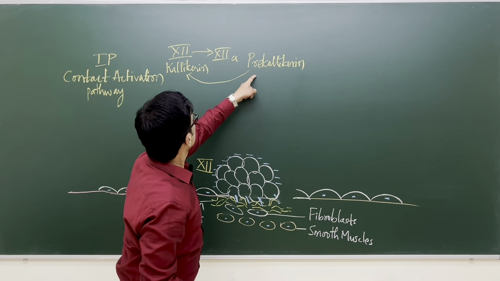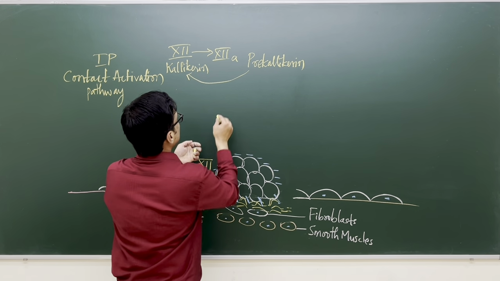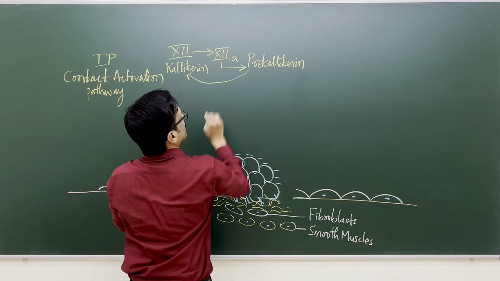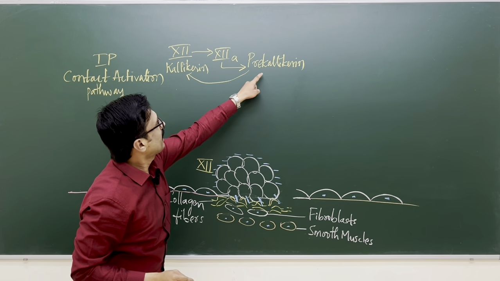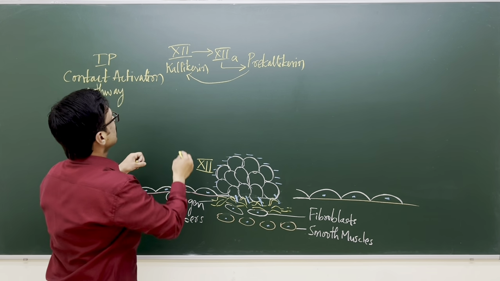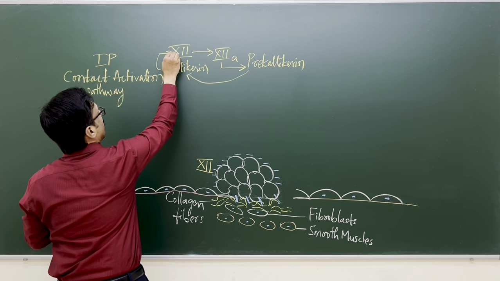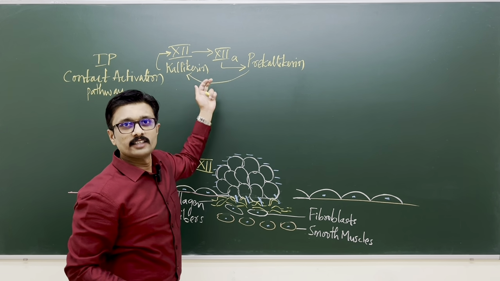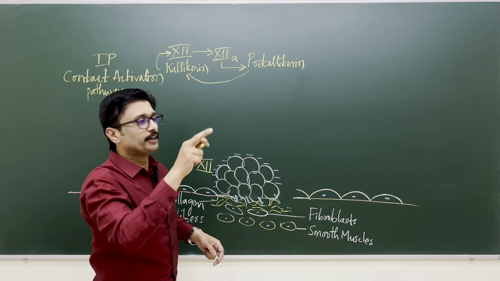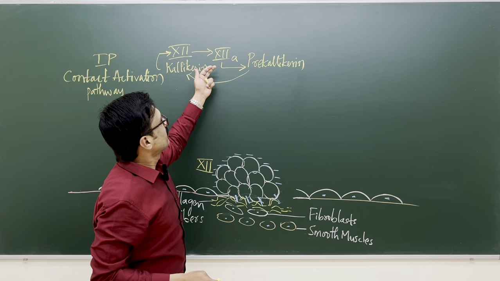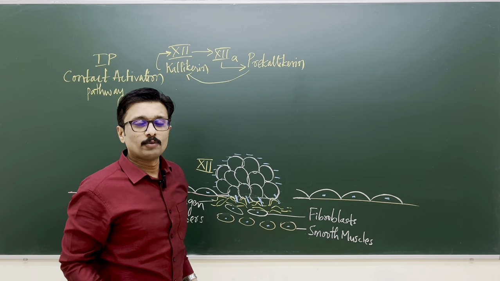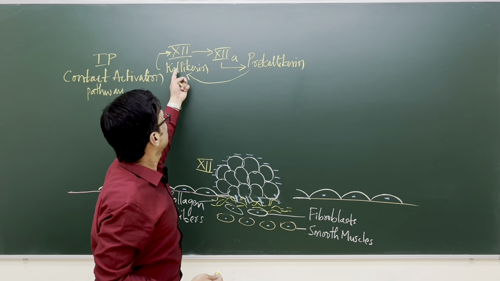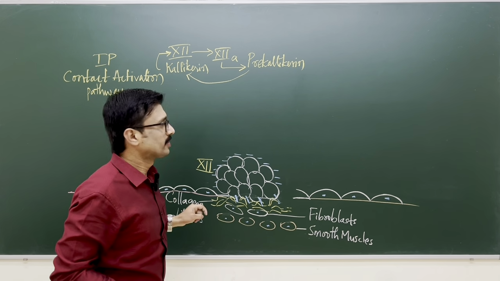This will be converted into kallikrein by this activated factor 12. And once this prekallikrein is converted into kallikrein, this will cause further activation of factor 12, amplifying this activation. This is like a positive feedback, amplifying and increasing factor 12 activation. More and more factor 12 gets activated by this positive feedback mechanism.